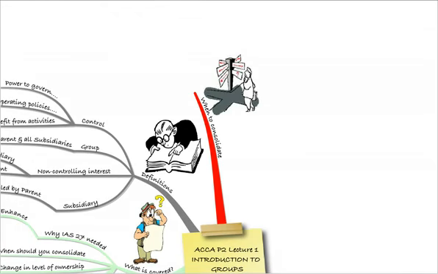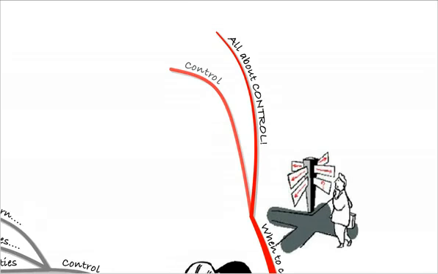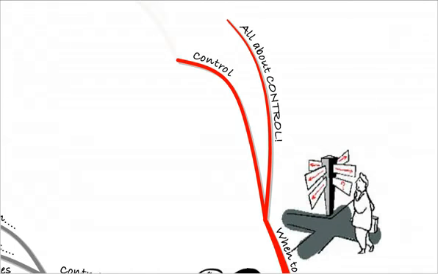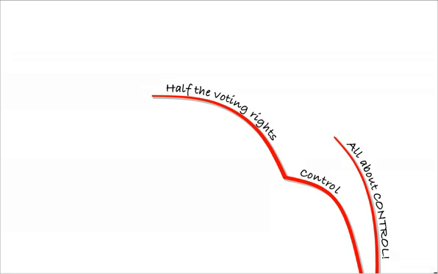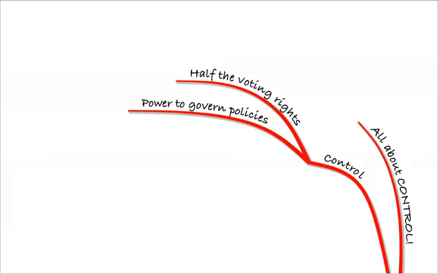So when do we consolidate? As I've just said, it's all about control. When do we acquire control of the subsidiary? And what is control? Control is going to be half of the voting rights. So owning half of the shares, having half of the voting rights, that's control. But not only that, you may not have half the voting rights, but you have, say, the power to govern policies.